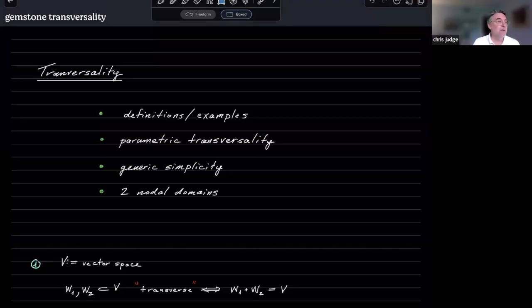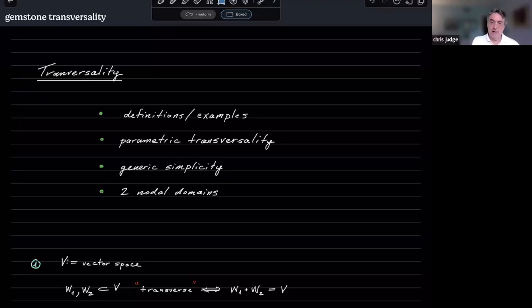You can think about those results in terms of transversality. But in any case, for the most part, it's going to seem somewhat different, and I'm not going to make the complete connection. And in fact, in some sense, the connection is not completely developed.